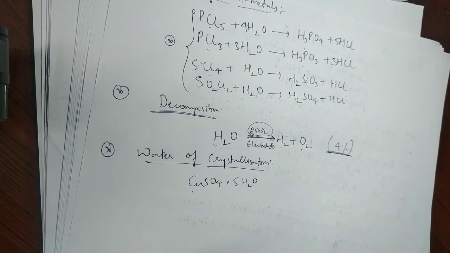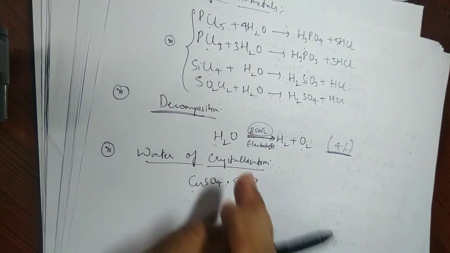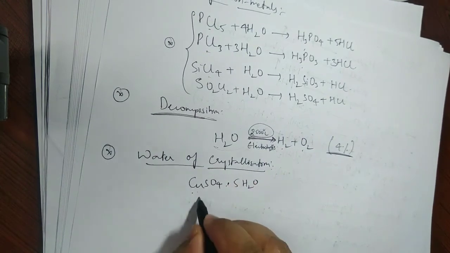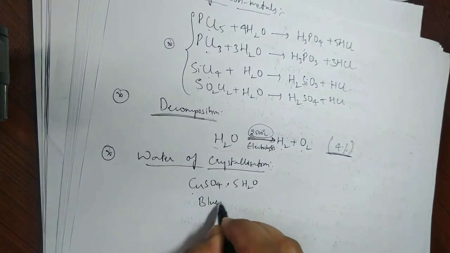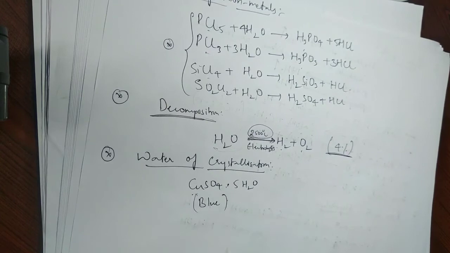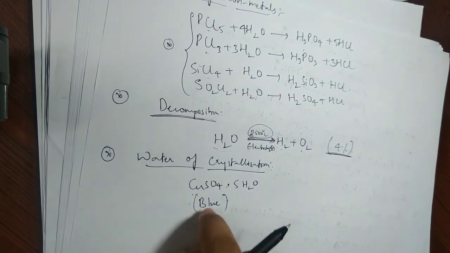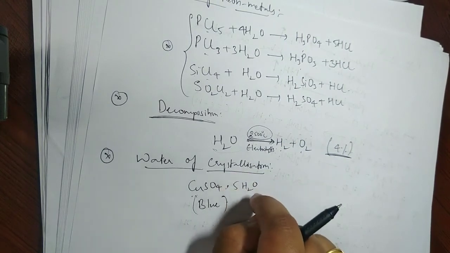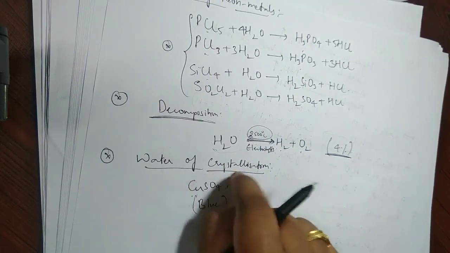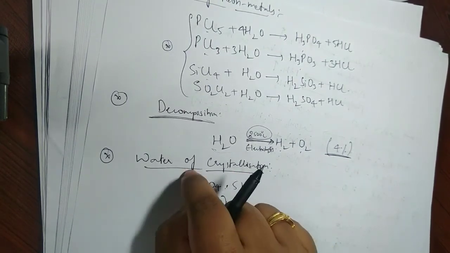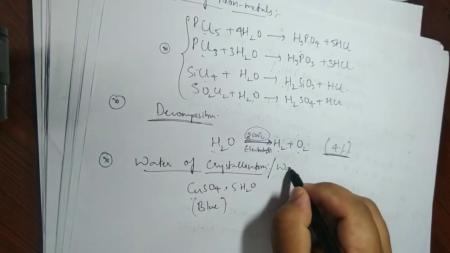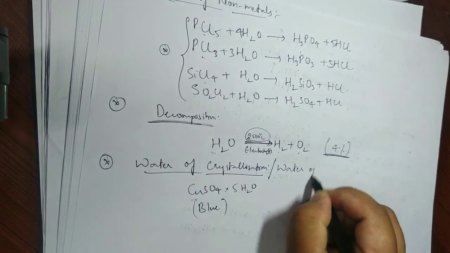Normally copper sulfate crystals are colorless, but these 5 water molecules are absorbed by copper sulfate, and that's why it is blue in color. Copper sulfate is what in color? Blue in color. Why is it blue in color? Because of the 5 water molecules, and these water molecules which are making the copper sulfate in crystal form are called water of crystallization. Or it is also called water of hydration.